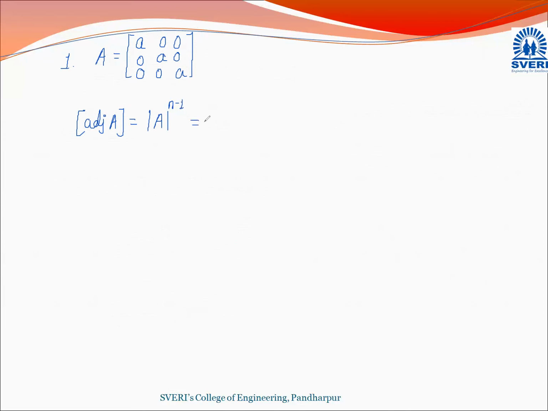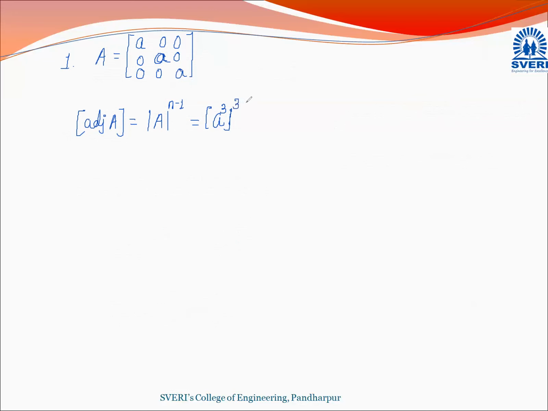This matrix is a scalar matrix, all diagonal elements are a, so the multiplication of these diagonal elements is the determinant of matrix A. Therefore, here the determinant of A is equal to a cube, raised to n minus 1. What is the order of this matrix? 3 by 3.